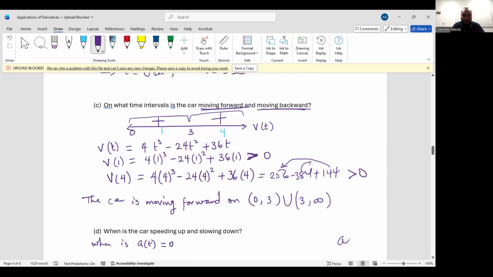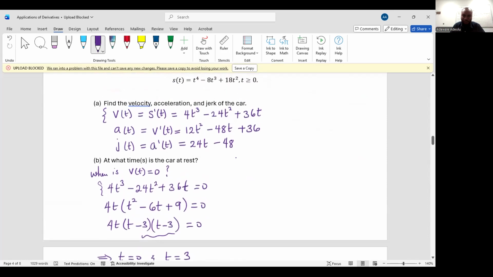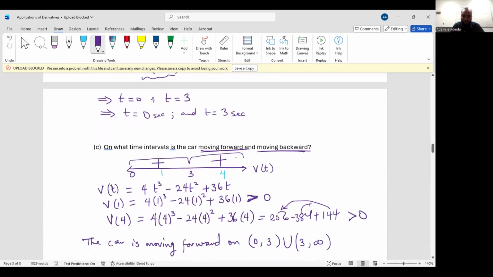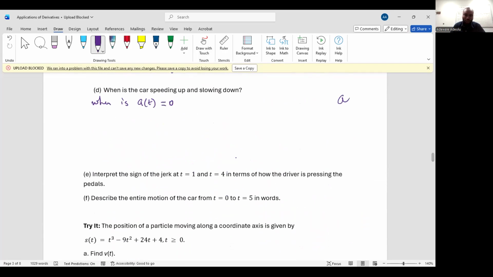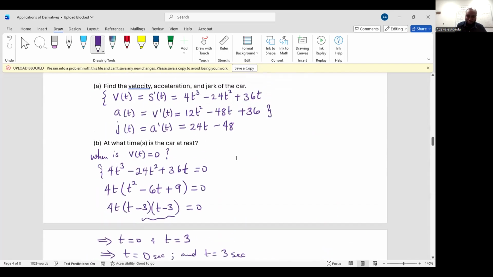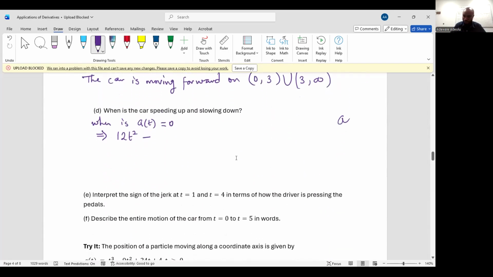So what is our acceleration function? This is 12t squared minus 48t plus 36. We are asking, when is it 0? I can divide through here by 12. So t squared minus 4t plus 3 equals 0.